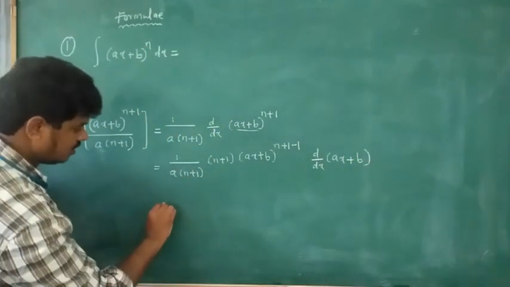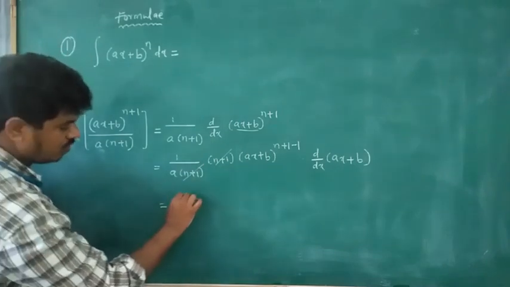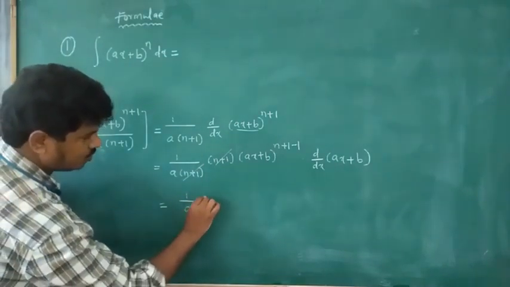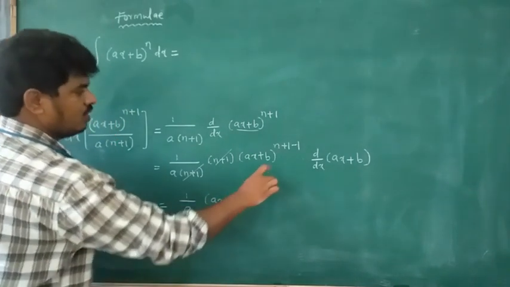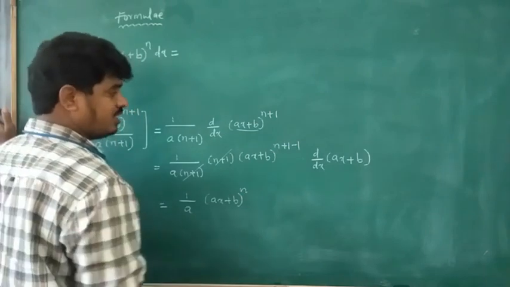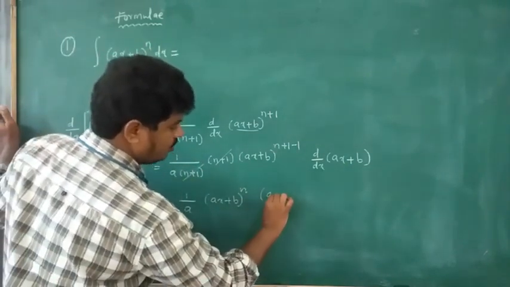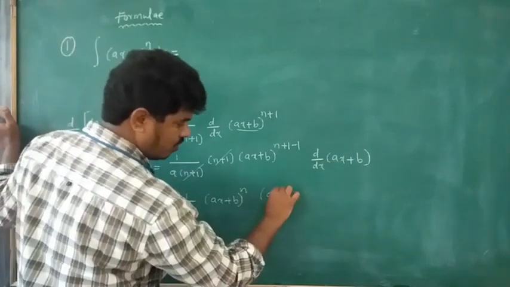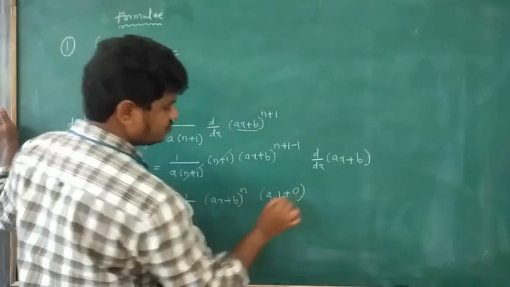Now, we can cancel this n plus 1 and n plus 1. What will be? 1 by a into ax plus b whole to the power of, by cancelling 1, what do you have? n. What is the derivative of ax plus b? That is a into the derivative of x, which is 1, plus the derivative of b, which is 0.